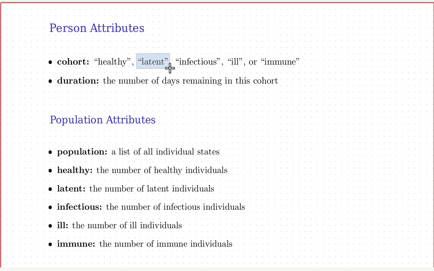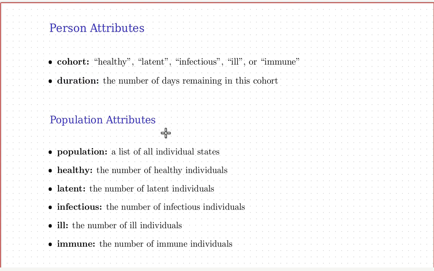We'll choose a random number at the beginning whose mean is 2, since we said a person spends an average of 2 days in the latent period. So we'll assign that random number to the person for how long they will be in that stage, and then every day we count that number down by 1. When it gets to 0, we know it's time to go on to the next stage. So the two attributes are which cohort they're in and how long they'll be in that cohort until moving on to the next one.